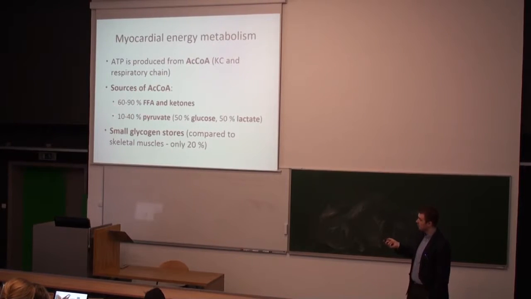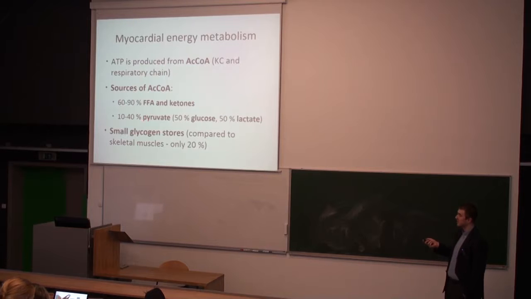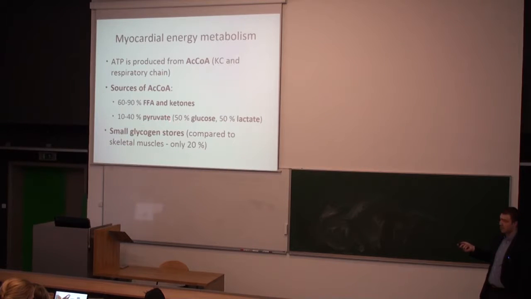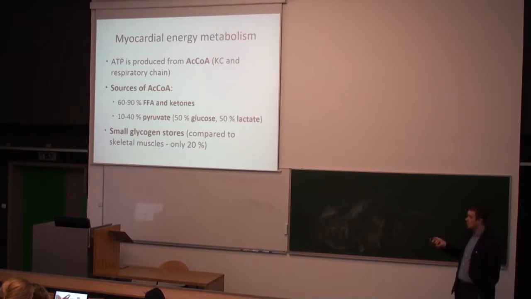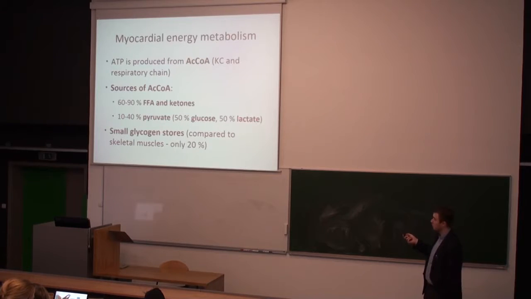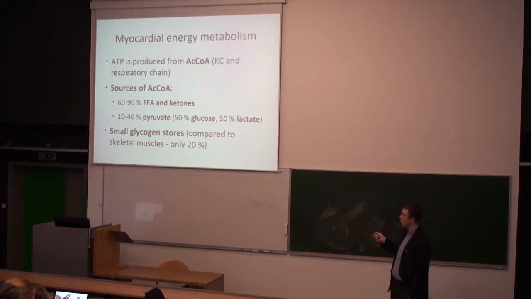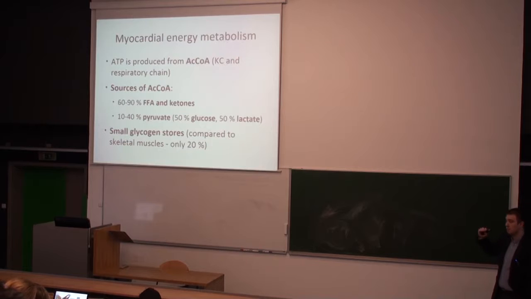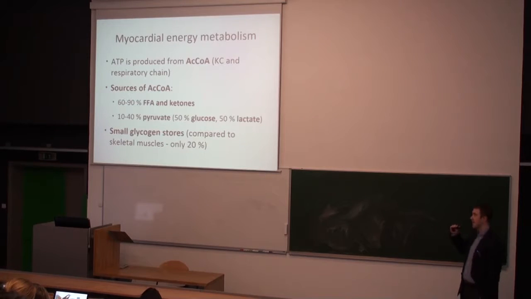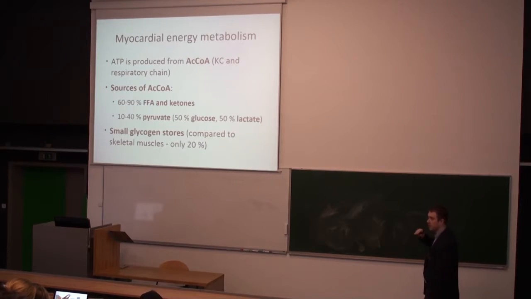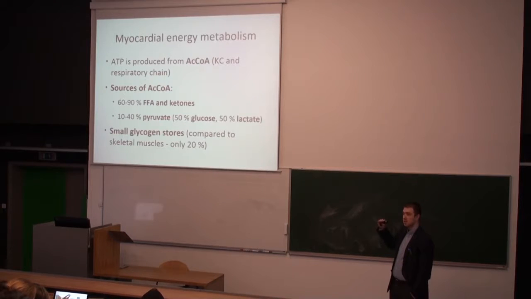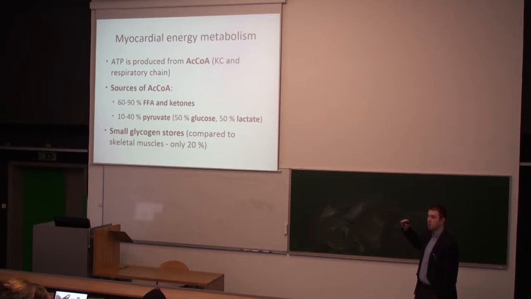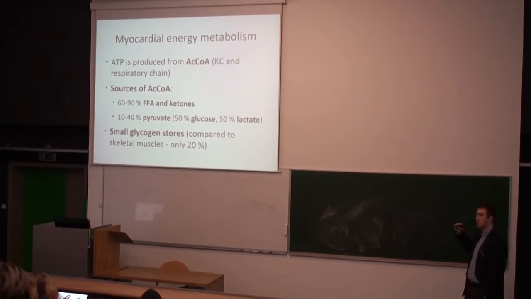And then around 10 to 40% is covered by pyruvate, and the pyruvate you can generate from glucose or from lactate. So if your heart is in a normal physiological state and you have a normal day activity, then the preferential source of energy is fatty acids. Similar to the skeletal muscle, you know that they typically also use the fatty acids as the preferential energy substrate.